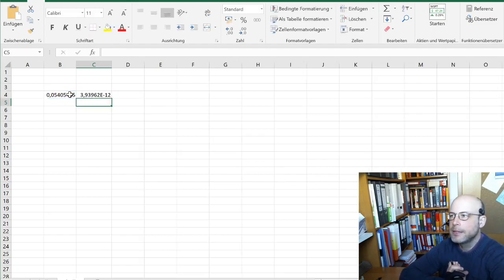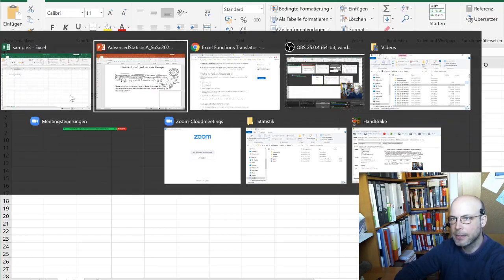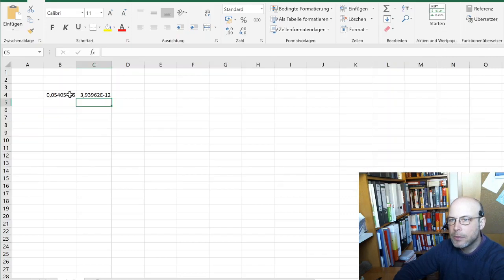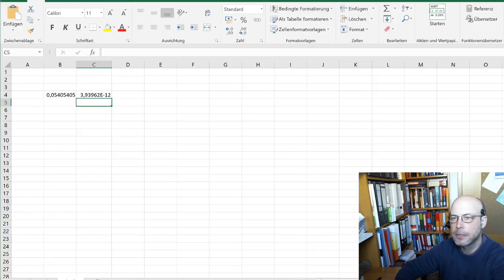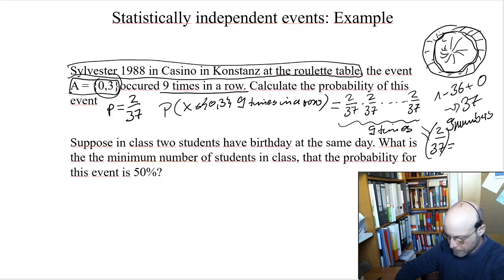And then you see that is a really, really rare event which we had there in 1988, because the probability is then 10 to the minus 12. So this is then, what was it? 4 times 10 to the power of minus 12.